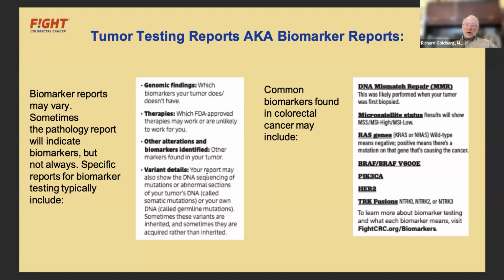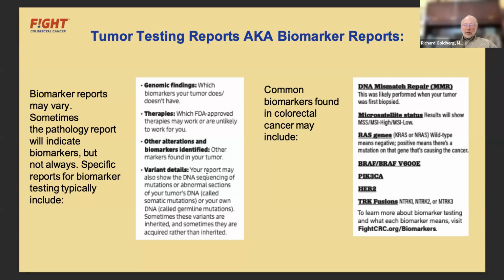And one of the things that we've learned over time is that right-sided colon cancers are different than left-sided colon cancers. Now, one of the reasons for that is that the right colon and the left colon come from different parts of the embryo. They're made by different tissues. And so there's a reason to explain why a cancer on one side might be different than a cancer on another side.